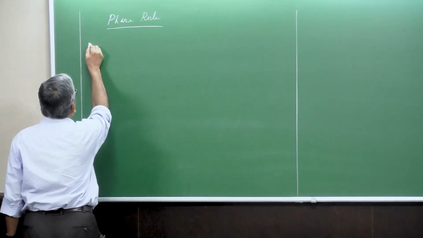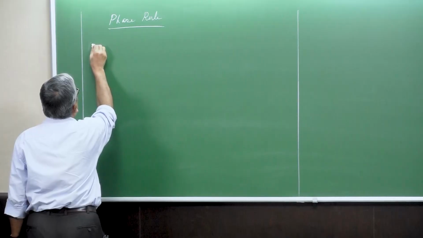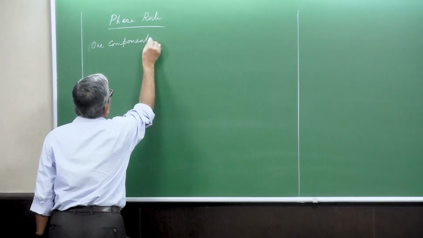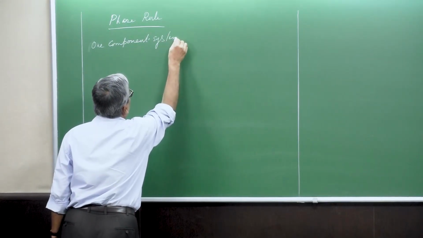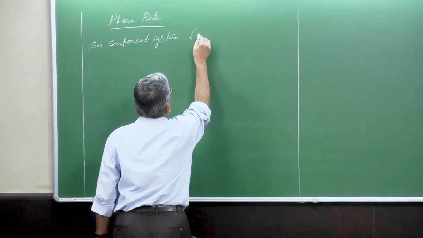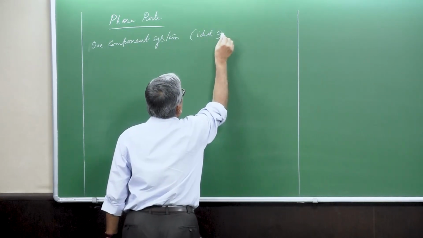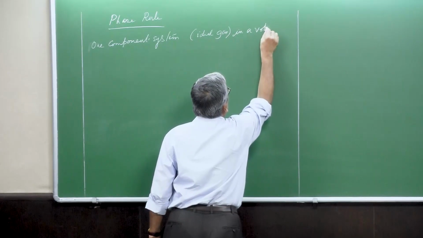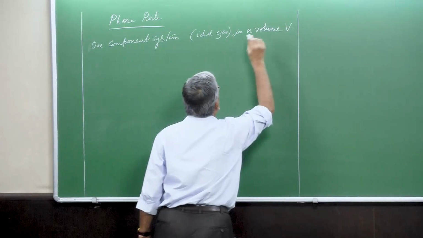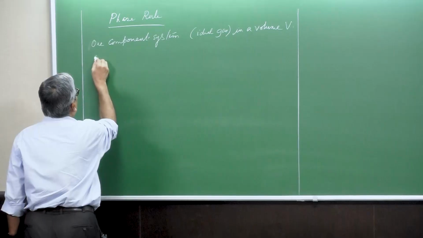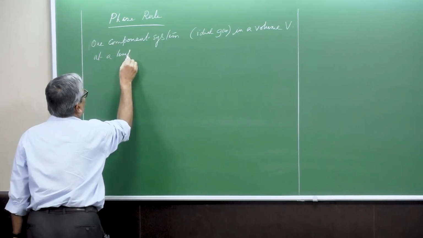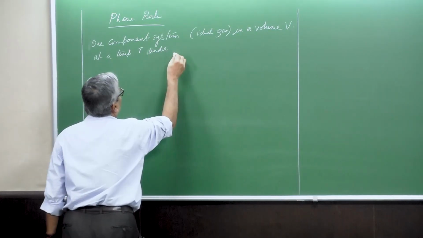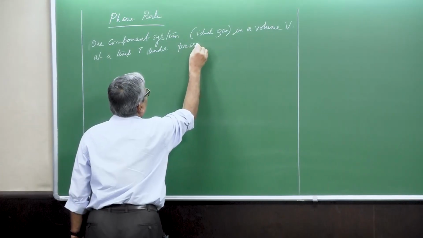So I consider a one component system, say an ideal gas or any gas, in a volume V at a temperature T under pressure P.